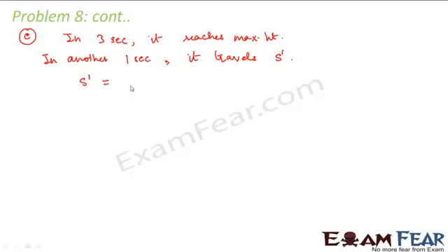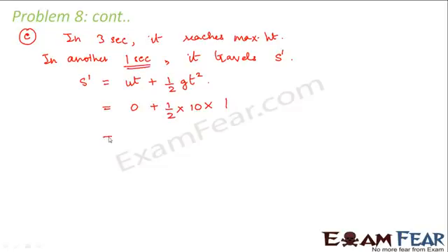So what will be that s dash? We can calculate it. s dash is equal to ut plus half gt square. Now in this case, initial velocity would be the velocity at the top of the tower, which was 0, plus half into g, which is 10 meter per second square. t is 1 second because we are calculating it for 1 second. So this will be equal to 5 meters. So that means in 1 second it traveled 5 meters.